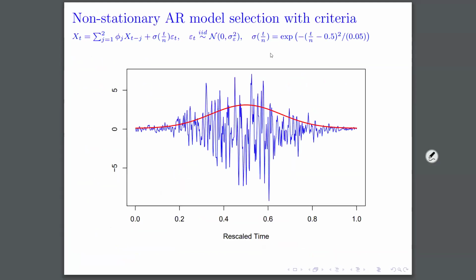So for the simulation study, we generate this kind of non-stationary time series model with p equals 2, which is an AR2 model, and with this kind of bell-shaped sigma t, which, as I mentioned, should be a bounded smooth function.